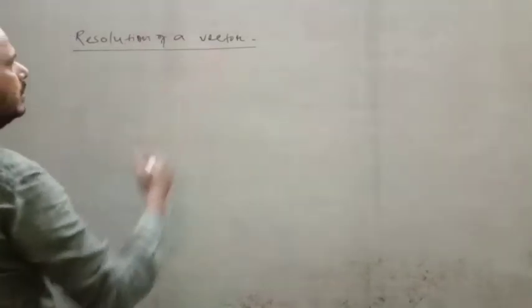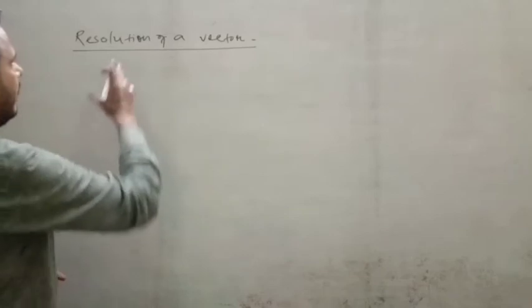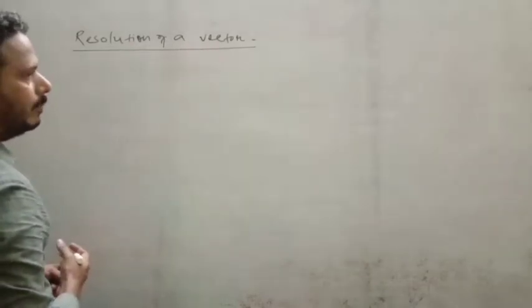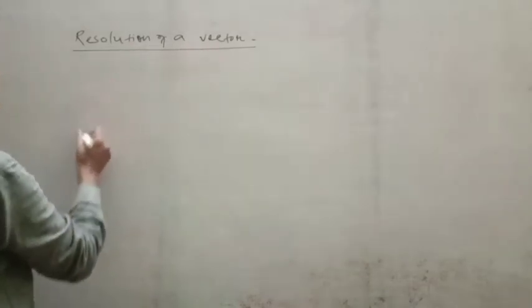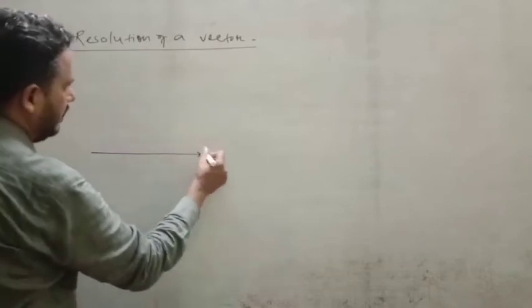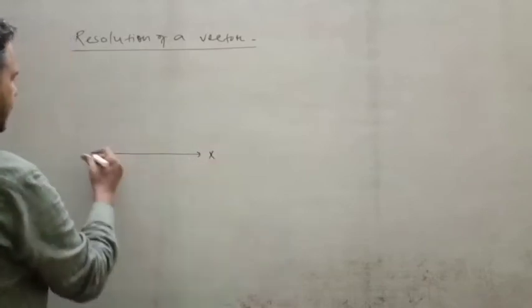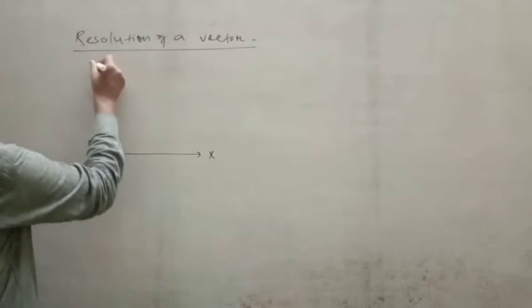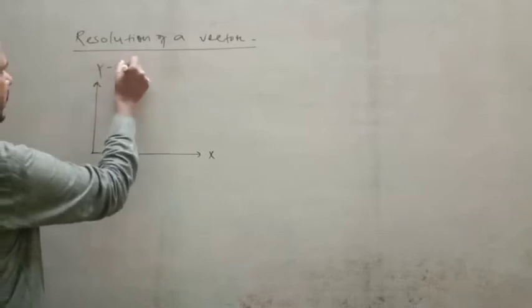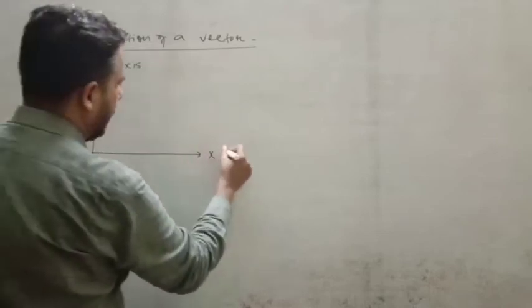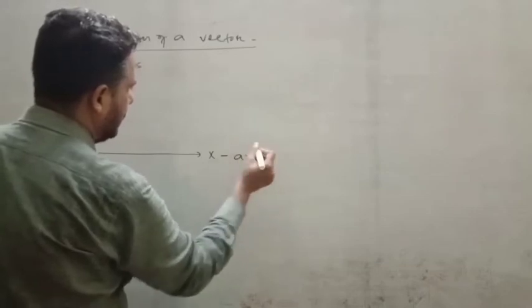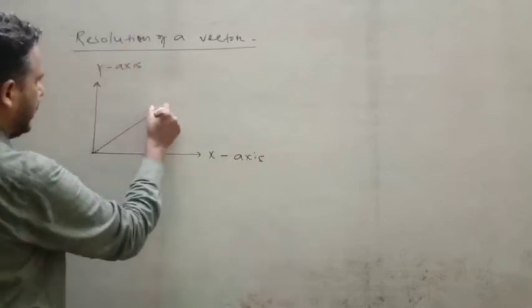So here I am just going to see the resolution of a vector in a plane. Simply we have to consider a plane, that is x axis and this one is y axis, and we have to just take a vector.